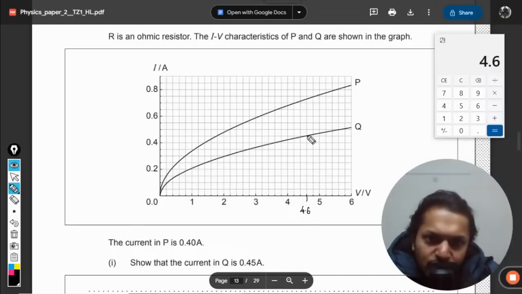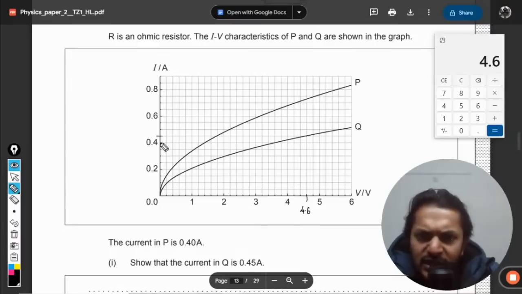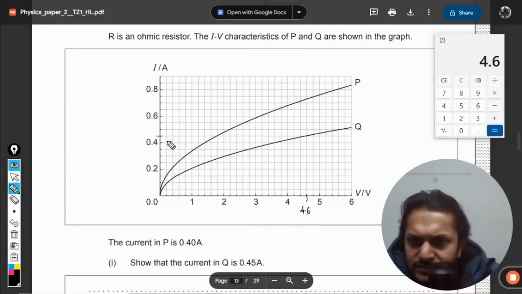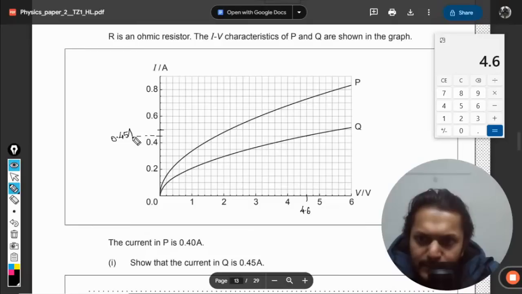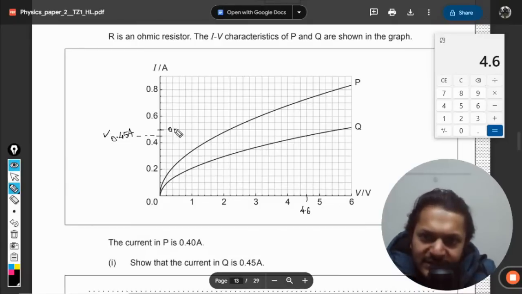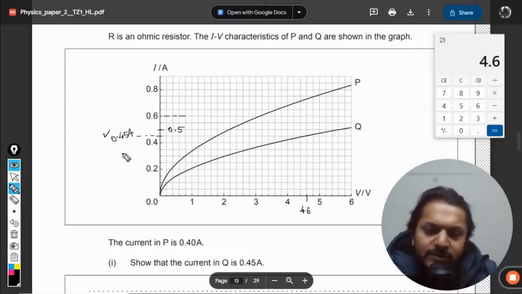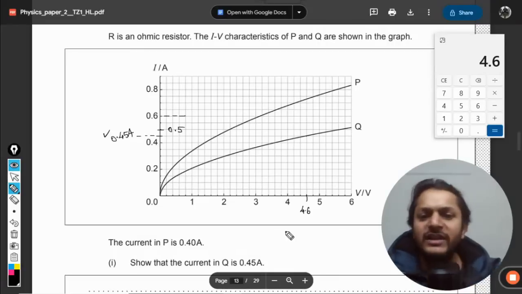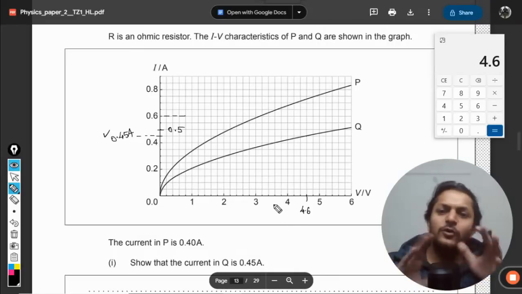And so the current in Q is here. It is this. This is 0.4, this is 0.5, so this is 0.45. 0.45 amperes, absolutely correct. So clearly we can say that the voltage will be this.